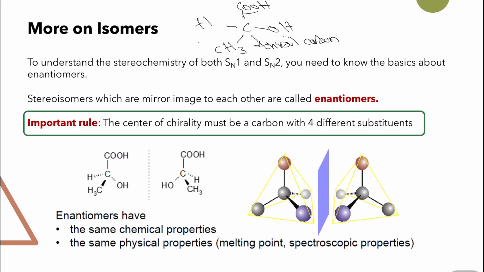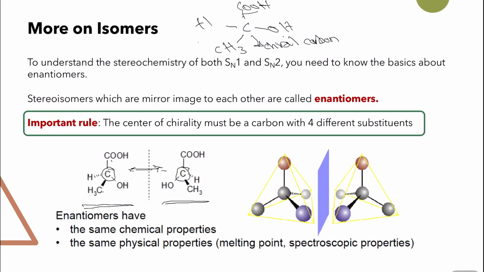They will always be mirror images of each other. So you have this compound here, and this is its mirror image. Each compound has a carbon atom that is attached to four different groups. They are exactly the same, and they are mirror images of each other.